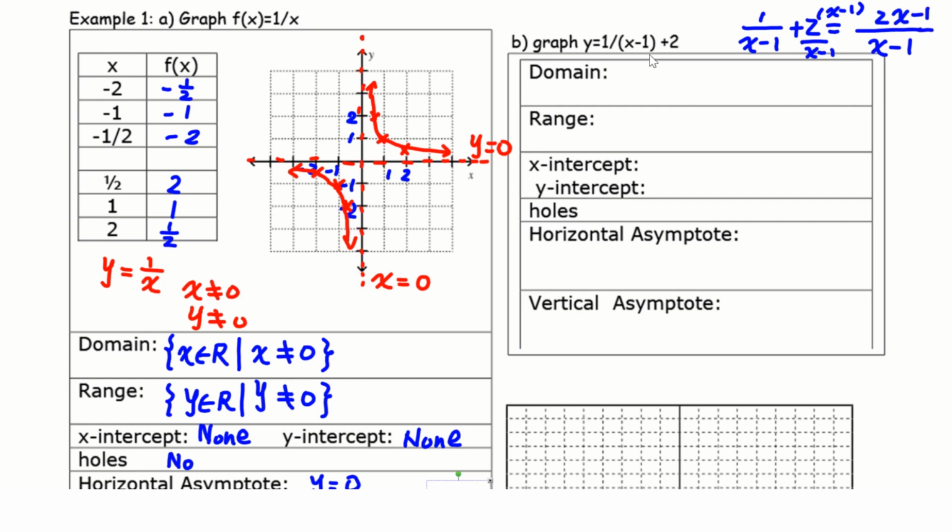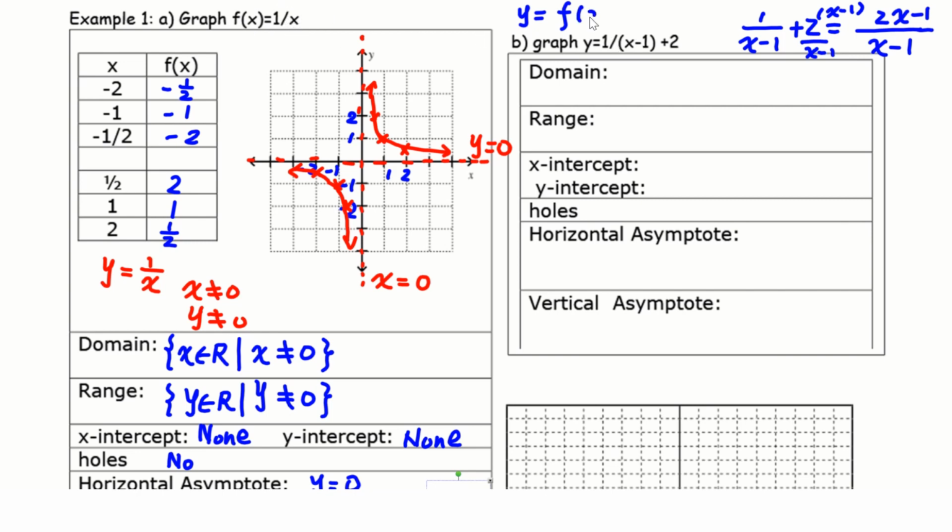So these two are equivalent. But we would like to write it in the first form, because once we write it in this form, we could write it as y equals the reciprocal function with x substituted by x minus 1, so we have 1 over x minus 1.